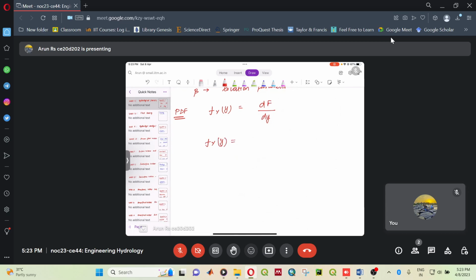It is given by 1 divided by alpha exponential of minus y minus beta by alpha minus again another exponential of y minus beta by alpha.